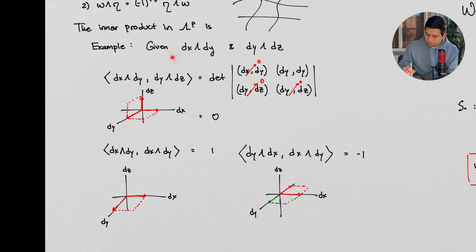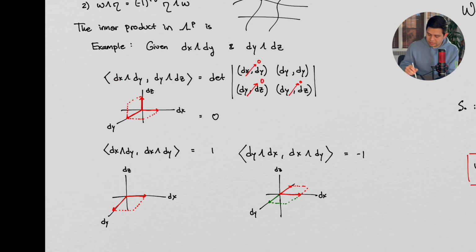Let's do an example. Given these two, dx dy and dy dz, suppose that the inner product is the determinant of all the combinations of these two that we can get.